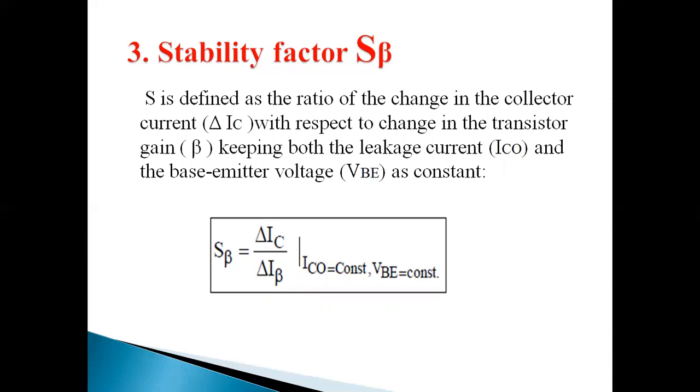So here we take the change in the current with respect to the change in the current gain. Beta refers to the current gain, where the collector leakage current and base emitter voltage are kept constant.